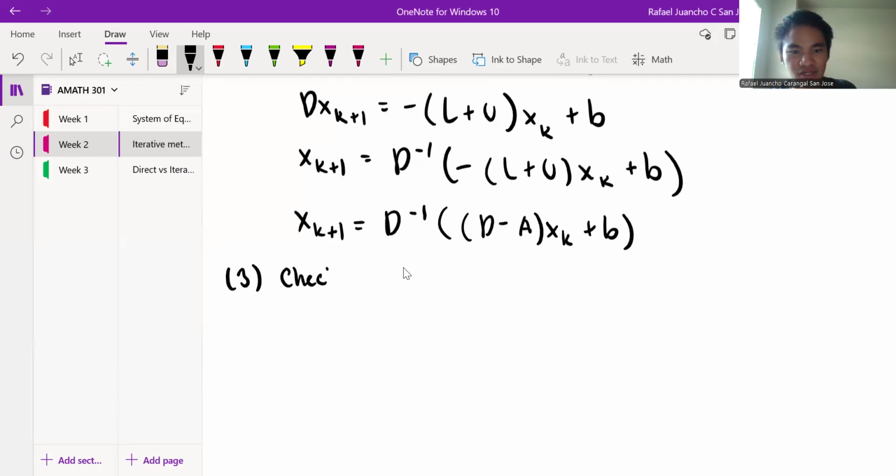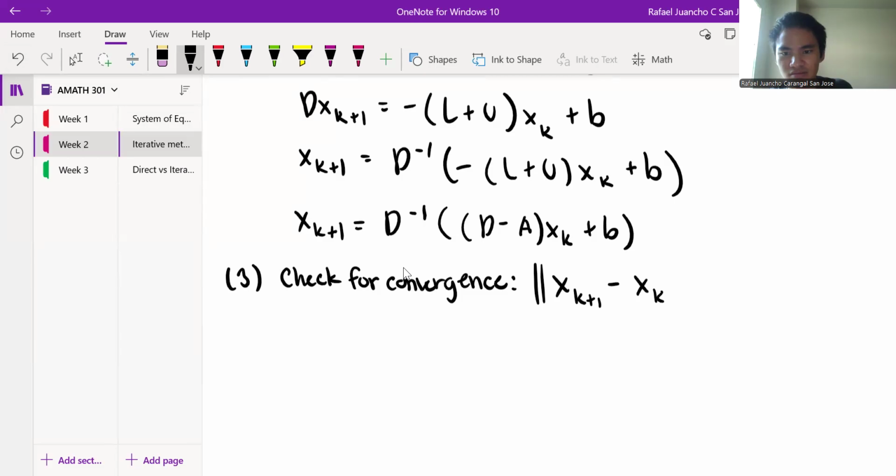And then lastly, we check if it converges. So we check if it lands to a solution as we keep going. So we check for convergence, and that is, we call this the norm.